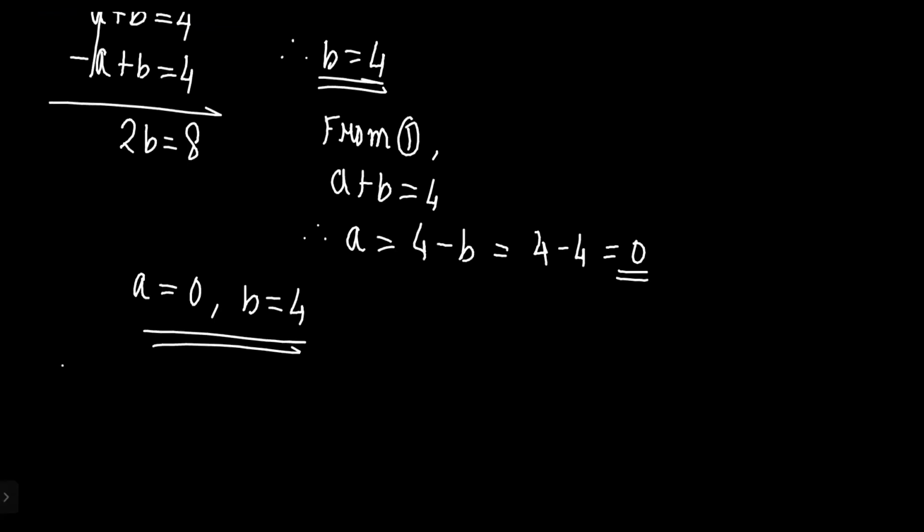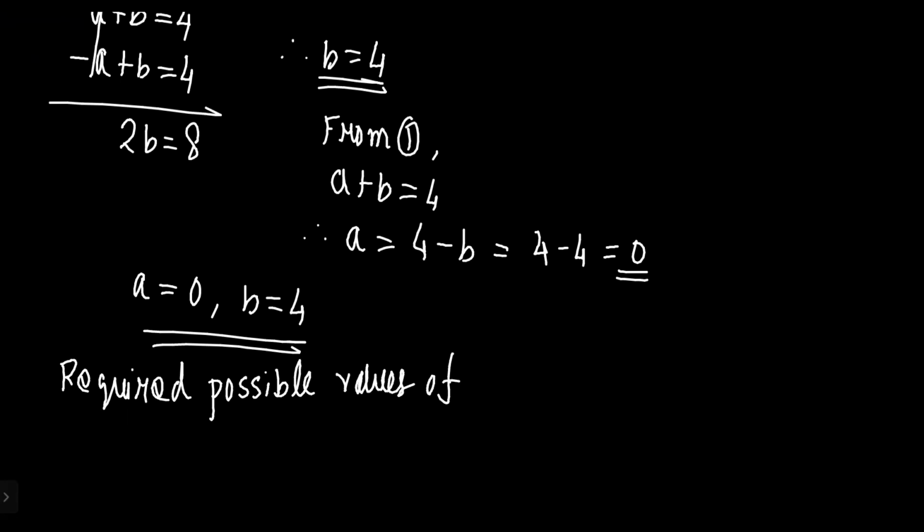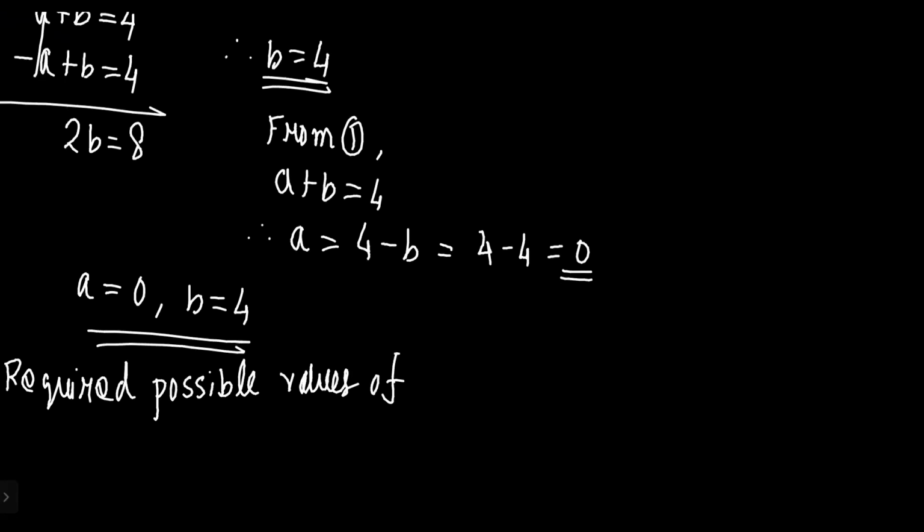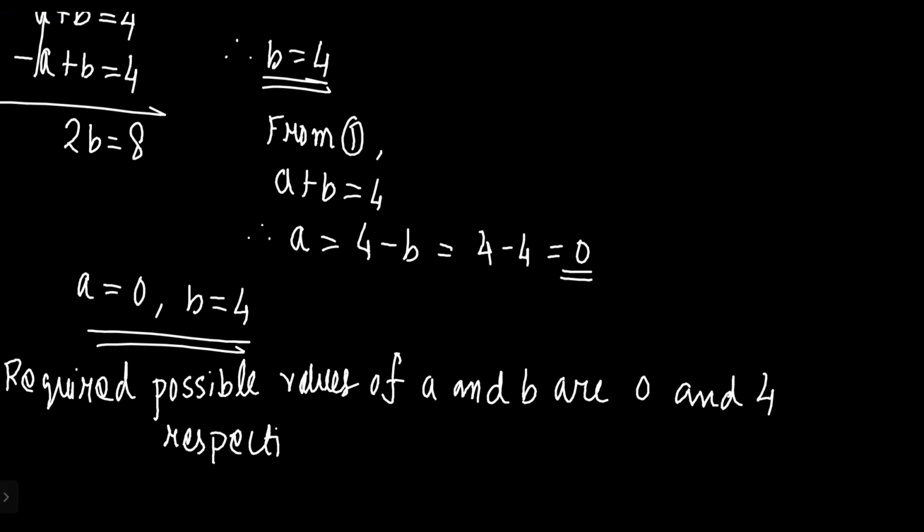So this is our required possible values. A and b are 0 and 4 respectively. Okay, so this is our required answer.